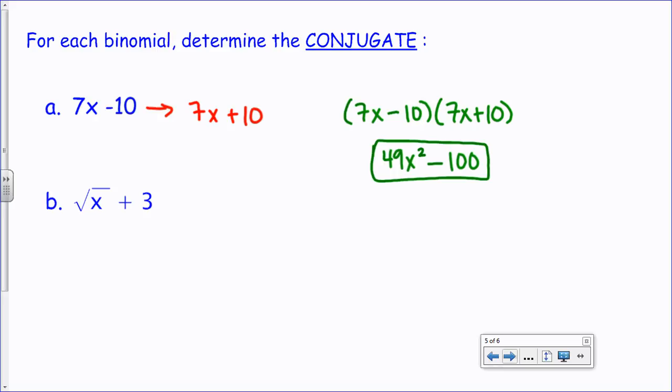Okay, look at the next one. What is the conjugate of square root of x plus 3? Good. Square root of x minus 3.